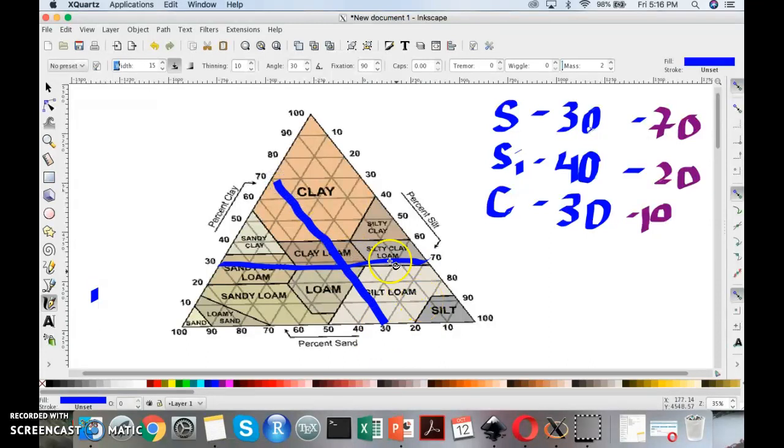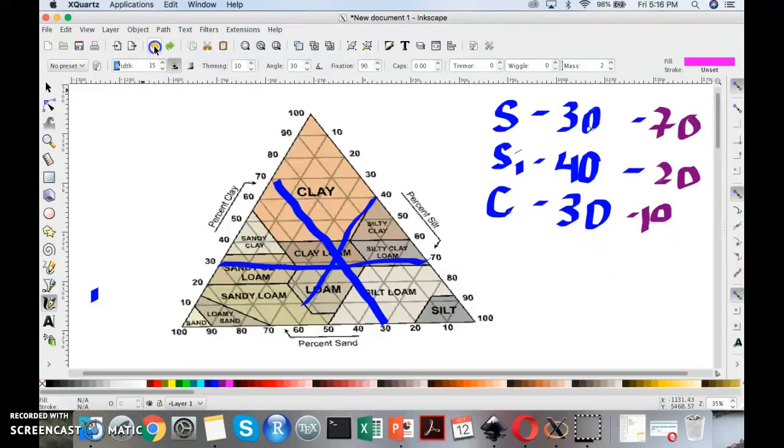And then 40% silt, that one's going to go down this way. So we fall somewhere here in this clay loam area. Okay? That's pretty much the type of soil that we would get if we had these specific percentages for the particles in that soil.